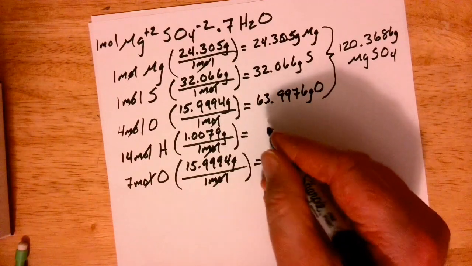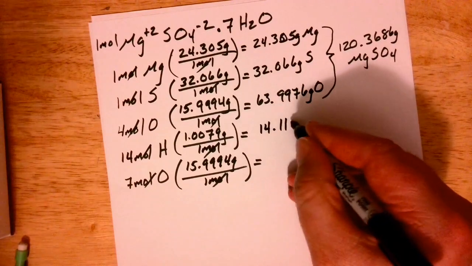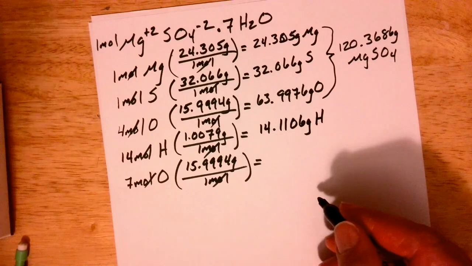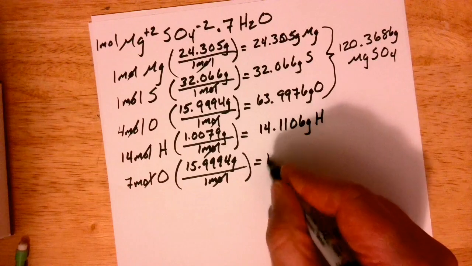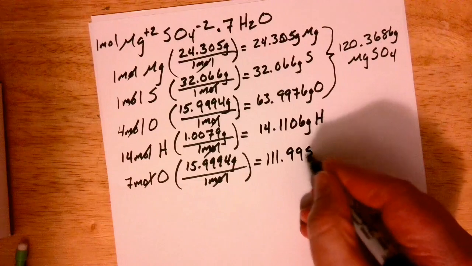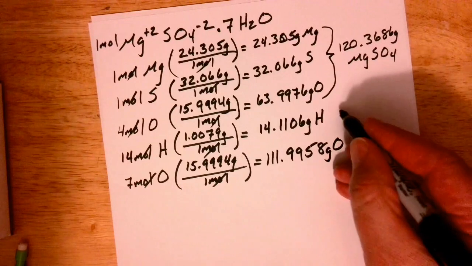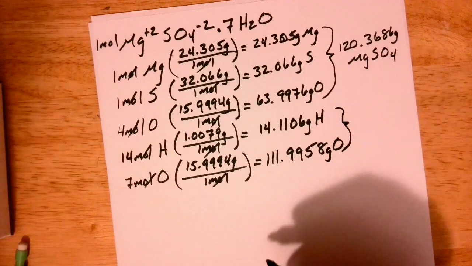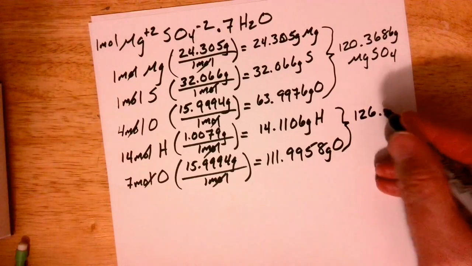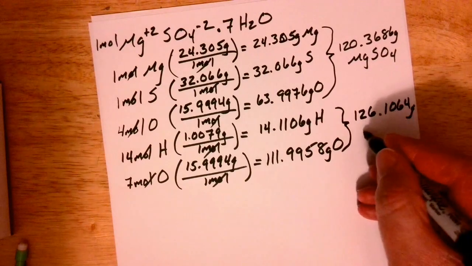So for hydrogen, you would have 14.1106 grams of hydrogen. For oxygen, you would have 111.9958 grams of oxygen. And so if I add these together here, we get a total mass of 126.1064 grams of water.